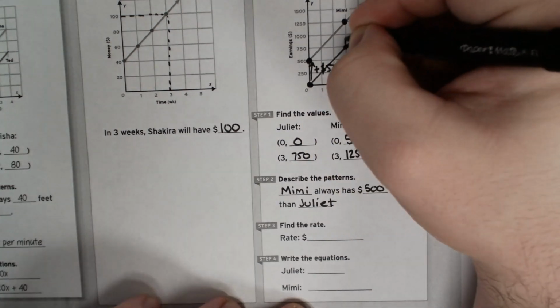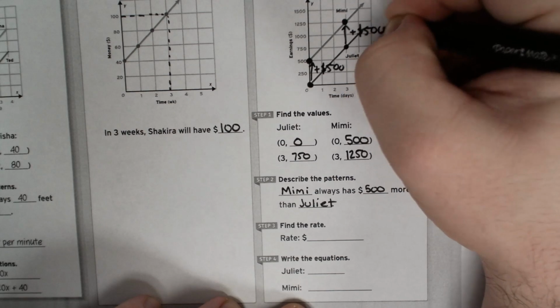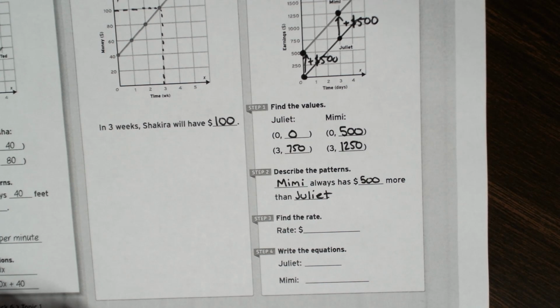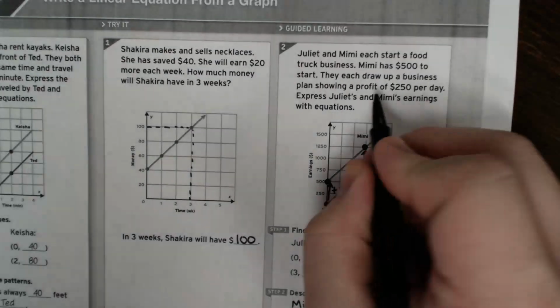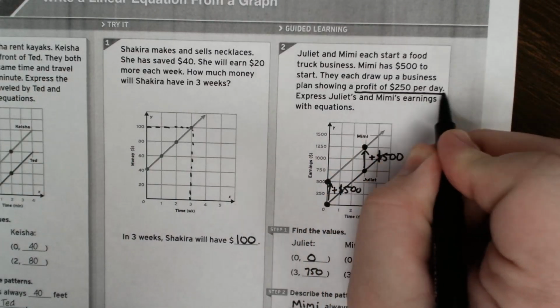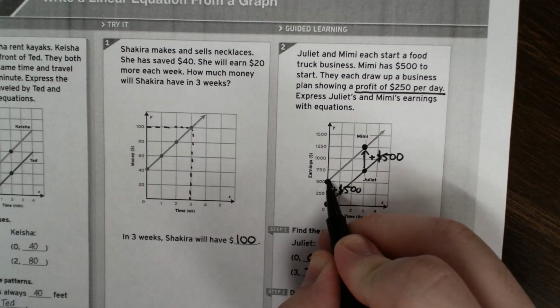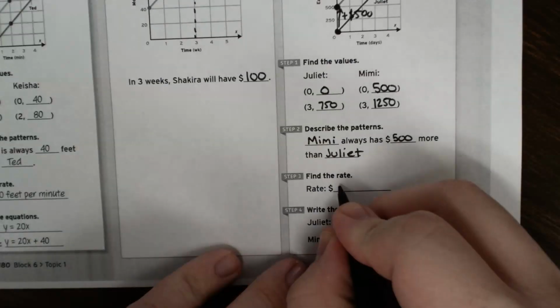And even after 3 days, Mimi still has $500 more. The rate, that's just how much money they're earning per day, and it says that all the way up here, they're earning a profit of $250 per day. We can also see that as the graph jumps up for both of them, $250 each day. So the rate is $250 per day.